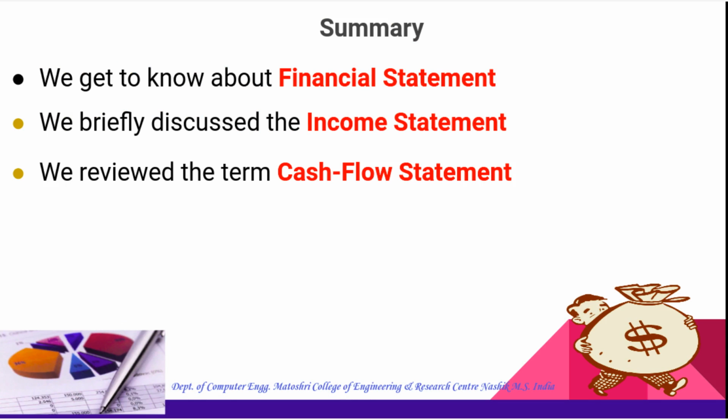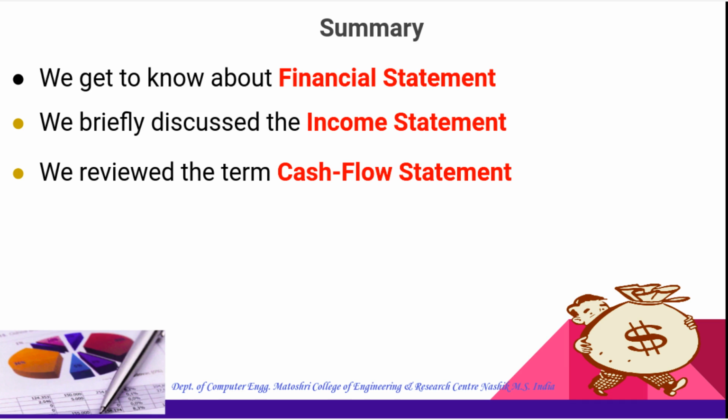We concluded our session with the discussion on the cash flow statement. We learned from today's discussion that the balance sheet, which is the first type of financial statement, shows us the company's financial position at the end of a specified period. So I hope that you understood the importance of financial statements.